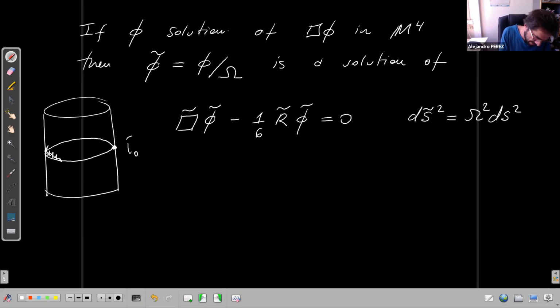So for this to make sense, you have to extend the initial data by demanding that the initial data for this equation, box phi equal to 0, are at i naught.